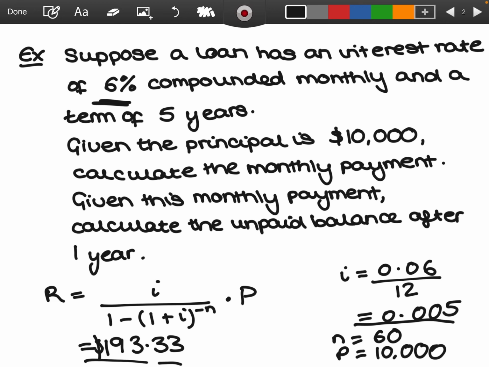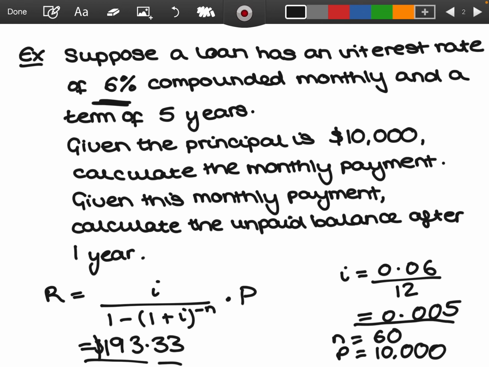My next month, I end up paying 0.5% interest on that $9,000 and something. These are huge numbers compared to my final few months where I'm paying 0.5% interest on a very small amount, a couple hundred dollars left.